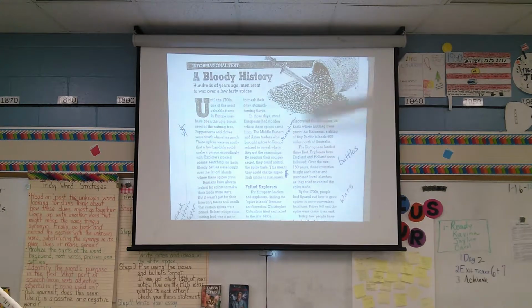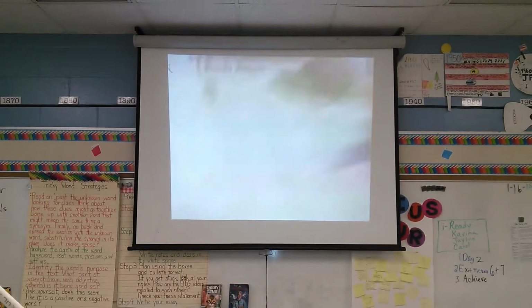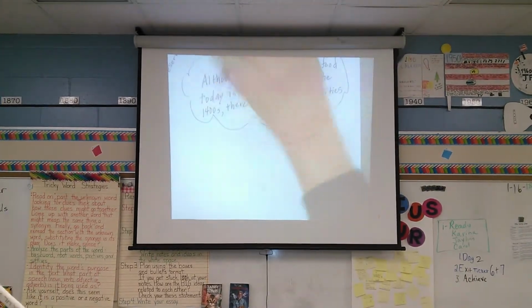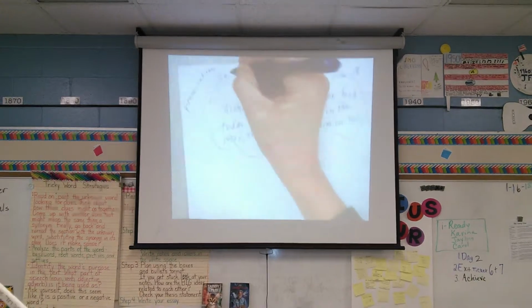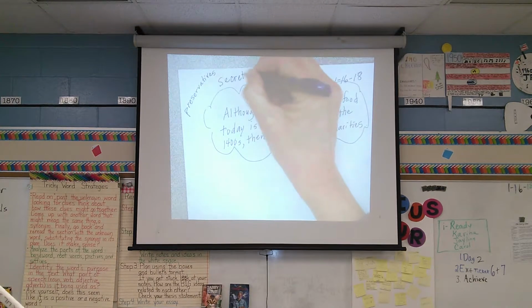It says the Middle Eastern and Asian traders who brought spices to Europe refused to reveal where they got their seasonings. So where they were getting these spices was a secret. So can everybody see that? Both articles talk about secrecy, but they talk about secrecy in different ways. So I'm just going to write over here next to where I wrote preservatives. I'm just going to write down secrets.